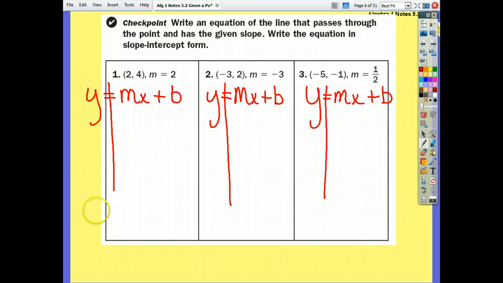Substitute your numbers in, find what b equals, and then write your slope-intercept form underneath it as well for each one.